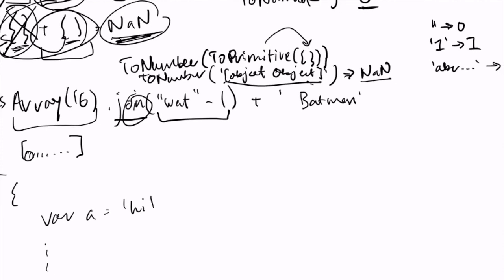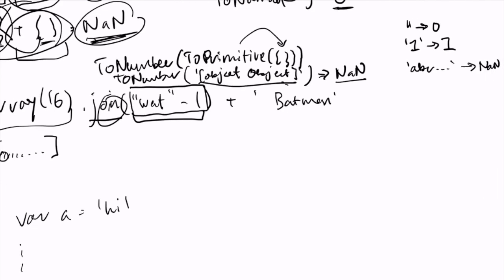Okay, so now it's going to try and evaluate what exactly is this. Whenever we're talking about this, now we're talking about the minus operator. And the way that will work is to do the following. It's very similar to addition, actually.